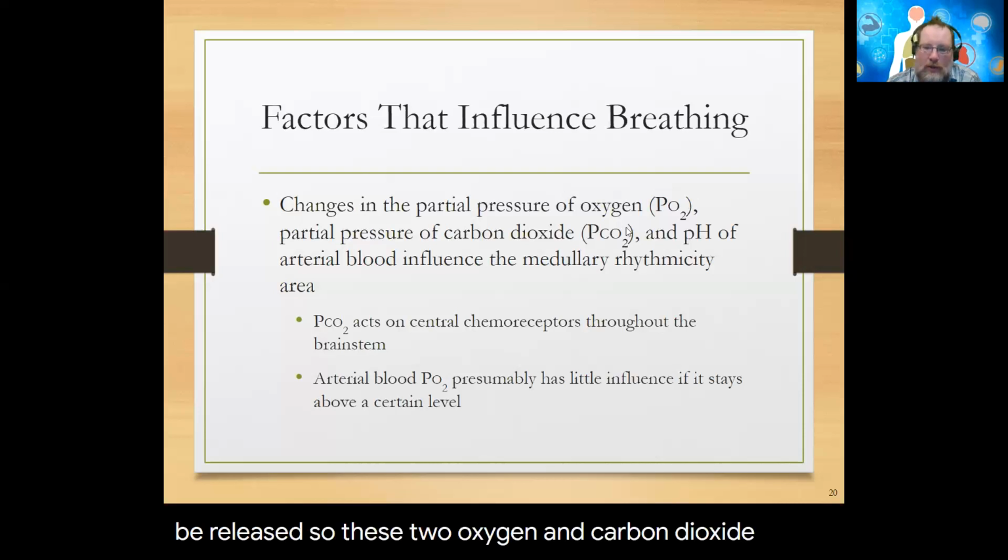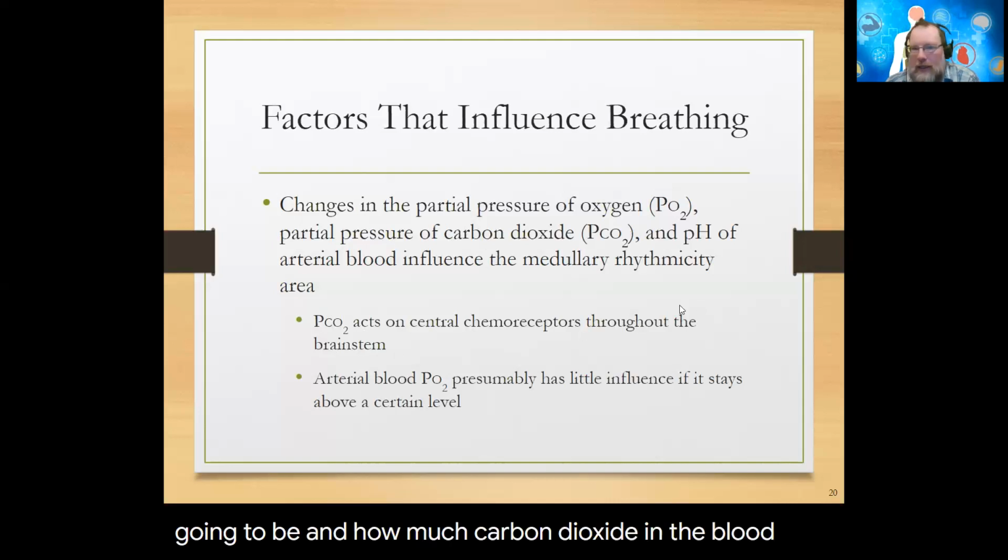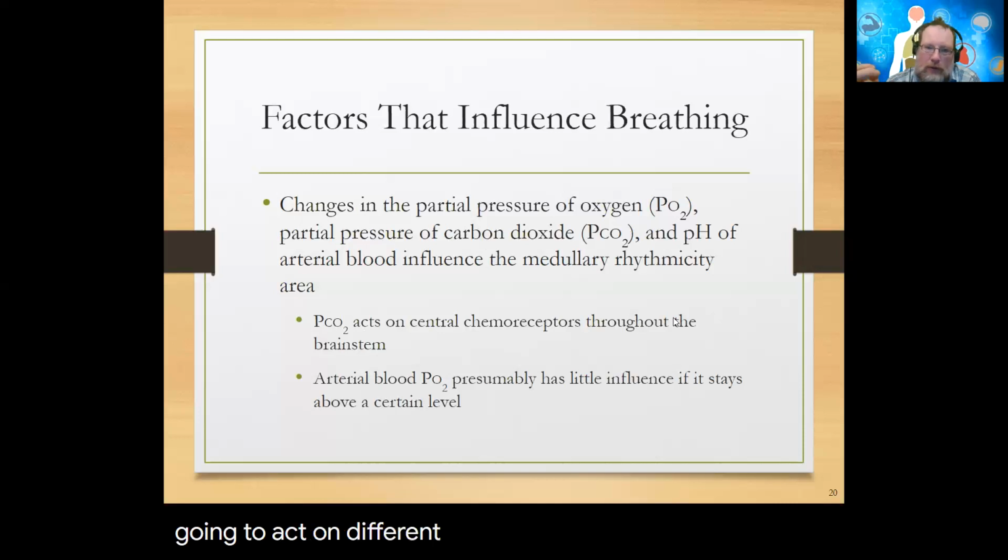The partial pressure of those will lead us to what type of gas exchange that we're going to get and how efficient it's going to be. And how much carbon dioxide in the blood is going to act on different chemoreceptors within that brain stem, the pons and the medulla and the midbrain.